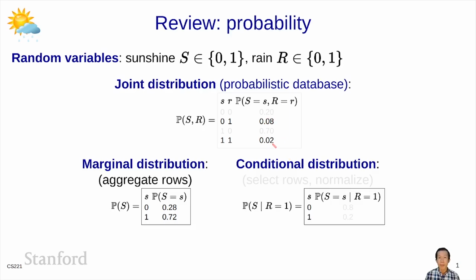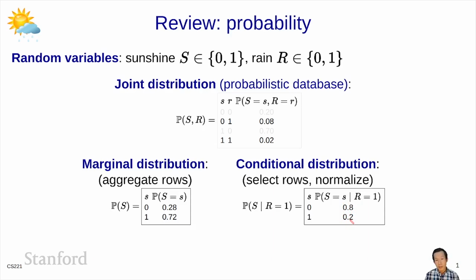The sum is 0.1, so I divide by that sum, and that gives me 0.8 and 0.2 for the values of S given R equals 1. So all I did was select the rows that match the condition and normalize to get the distribution.